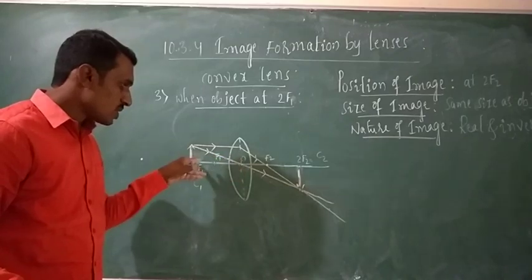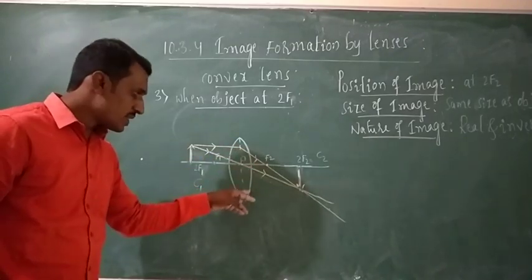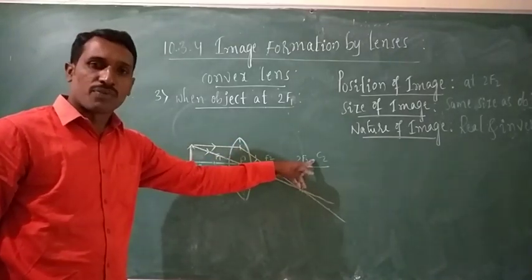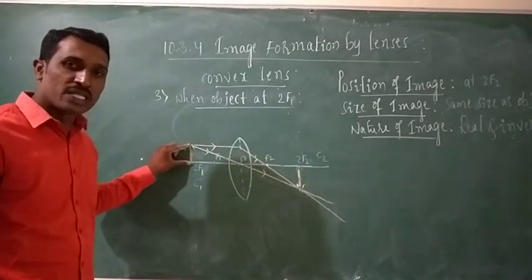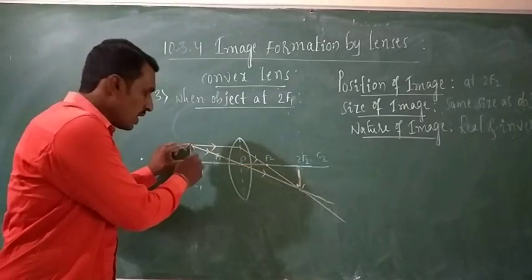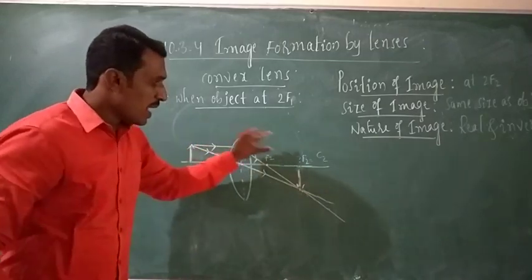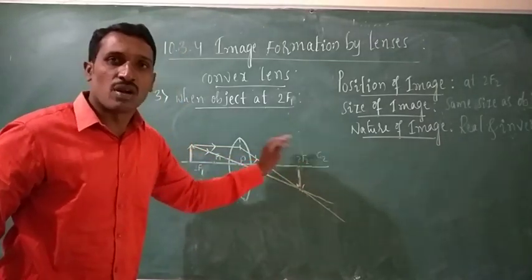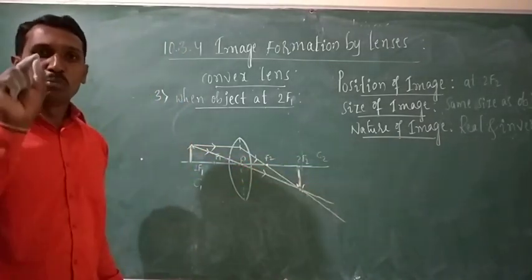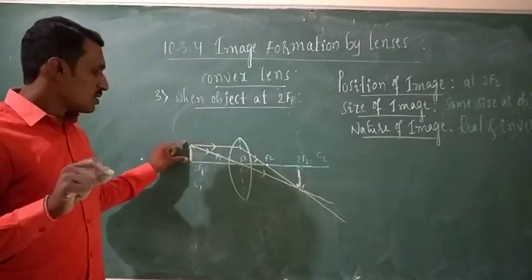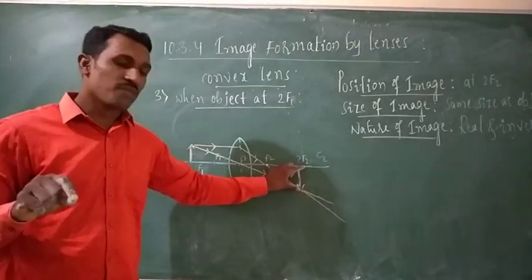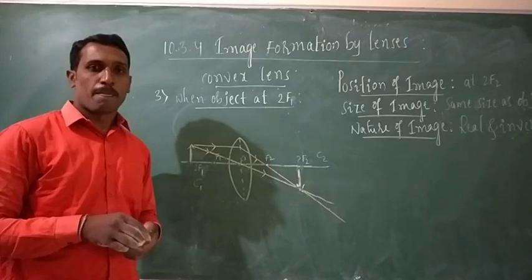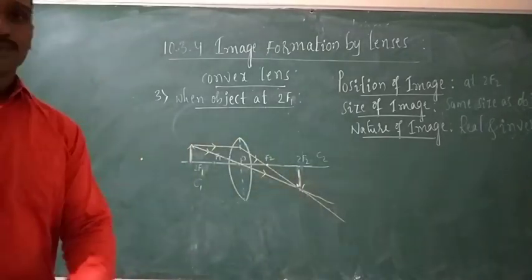This surface has one center of curvature, this surface has another center of curvature. If you place object at center of curvature on one side, its image will form exactly at center of curvature on the other side. And one more interesting factor is size of object and size of image are both the same.